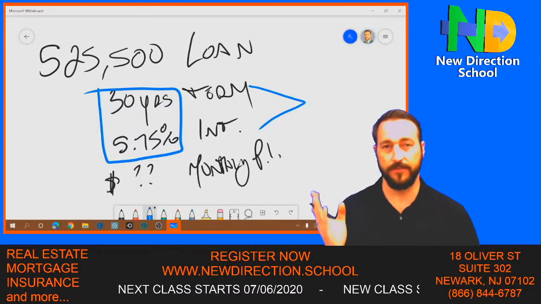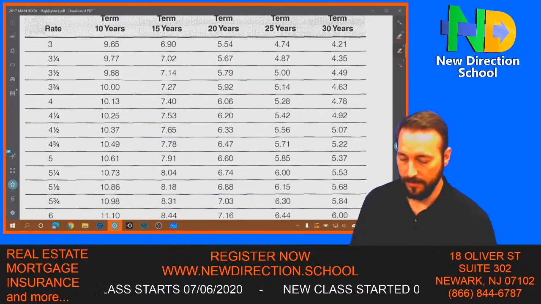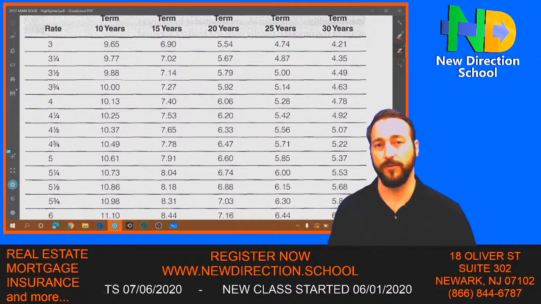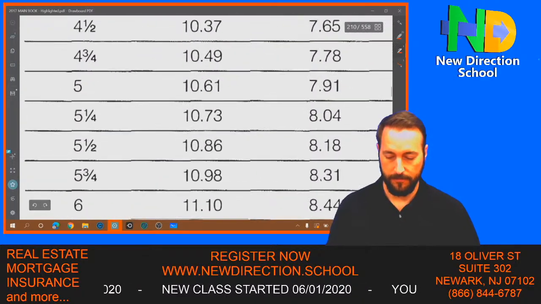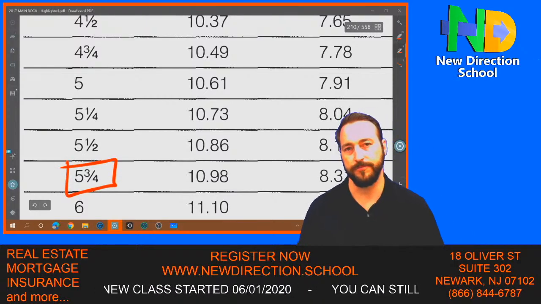This is the first step because the top one is easy, right? So we're going to go to the chart and I put 5.75%. In the chart, we're looking at 5 3/4. So this is the one we need, 5 3/4.